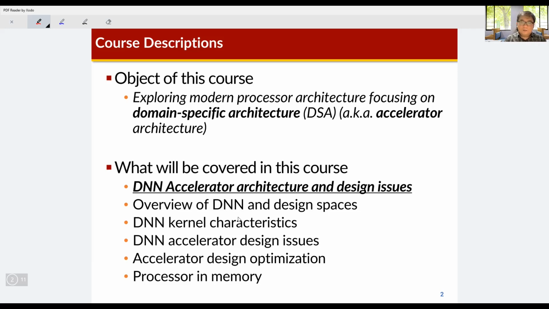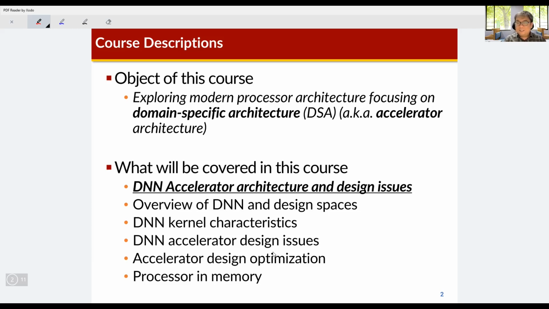Okay, so I'll briefly tell what will be covered in this course. Especially I will focus on the DNN, the deep neural network accelerator architecture and design issues in this course. So what is the DNN?